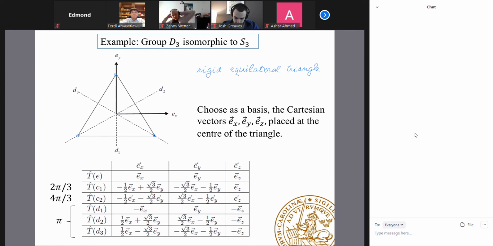Let's say when we rotate around the z-axis, perpendicular to the plane, by 120 degrees, then this point is brought to that point, that point is brought to that point, and that point is brought to that one. So if I label these, let's say A, B, C, that is just a permutation of A, B, and C. And so that's why it is isomorphic.